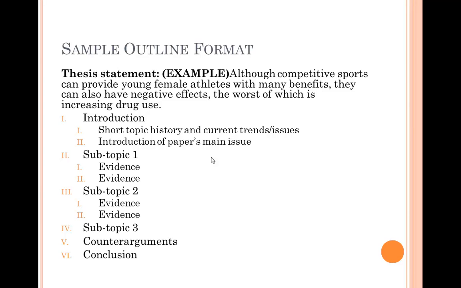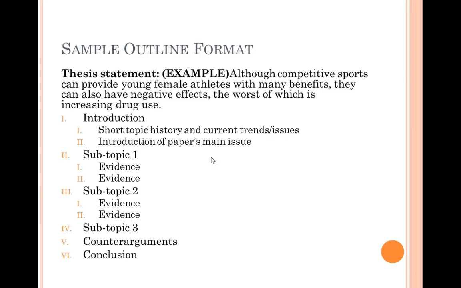Then you'll write your first subtopic and list the evidence you'll be using to support this subtopic. You need at least 2 pieces of evidence to support each subtopic. Then you'll list subtopic 2 with evidence, subtopic 3 with evidence.